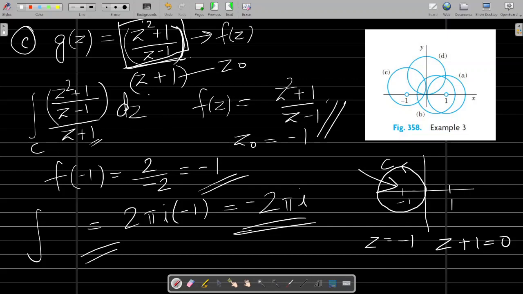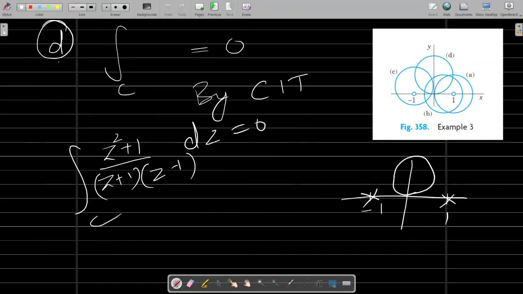So integral over c f of z by z minus z naught dz is equal to 2 pi I into f of z naught, where f of z is z square plus 1 by z minus 1 and z naught is minus 1. So the final answer is 2 pi I into f of minus 1, and f of minus 1 is minus 1 square plus 1 by minus 1 minus 1, which is 2 by minus 2, that is minus 1. So the integral value is 2 pi I into minus 1, which is minus 2 pi I.